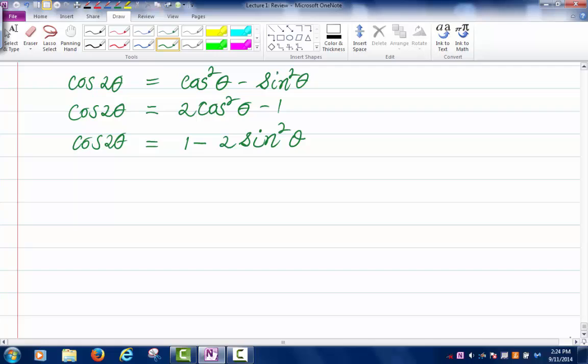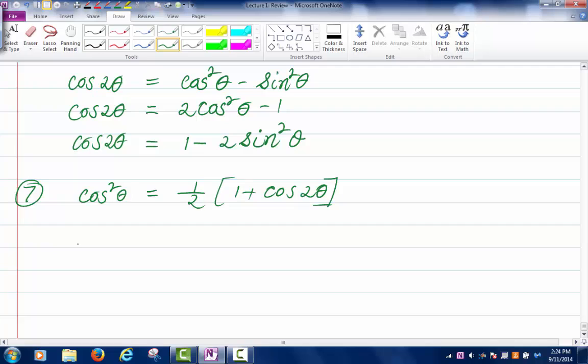Okay. Now, I'm not done yet. Well, this was 6, right? 7. From the second equation, I can solve for cosine squared. What I get is half of 1 plus cosine 2 theta.